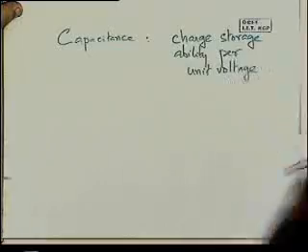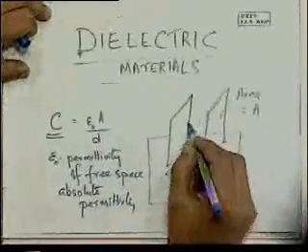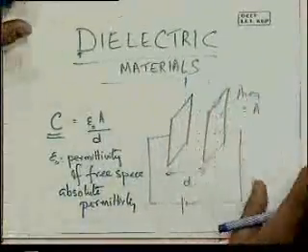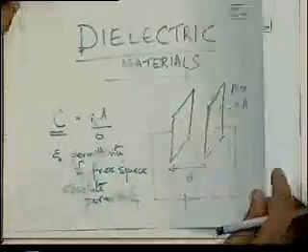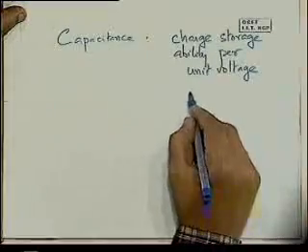Now what happens if we put in over here something which is a dielectric medium? And when we put that in and it is capable of holding charge, so we now have a system.